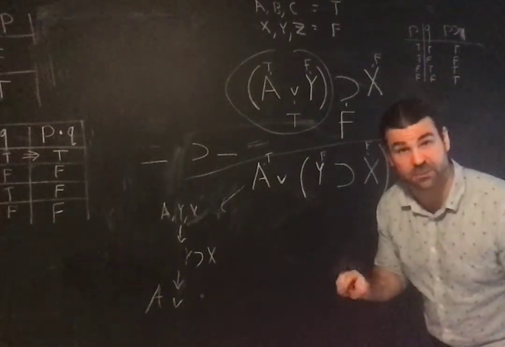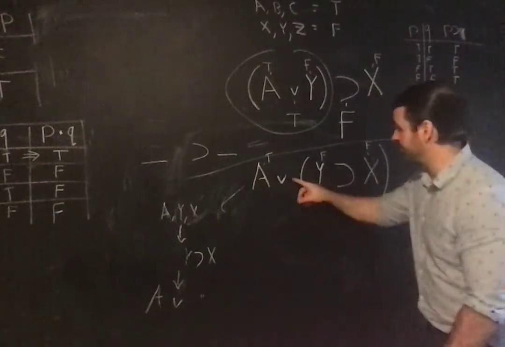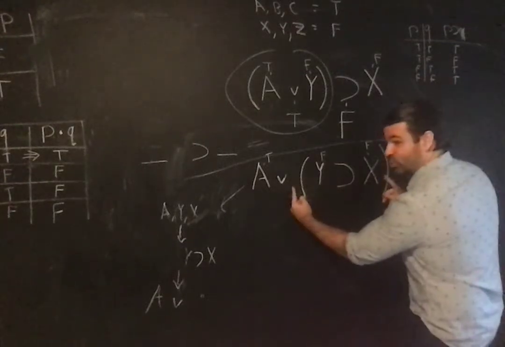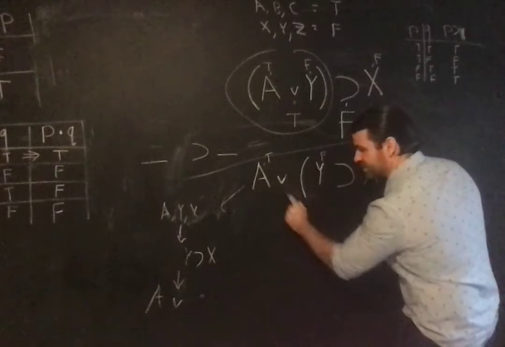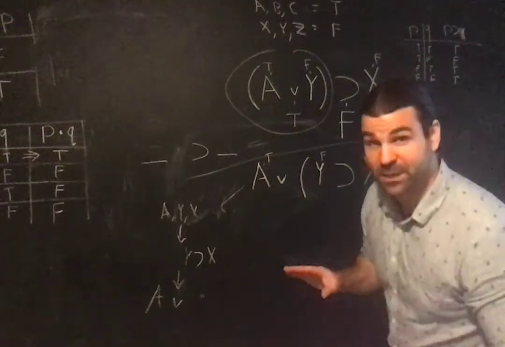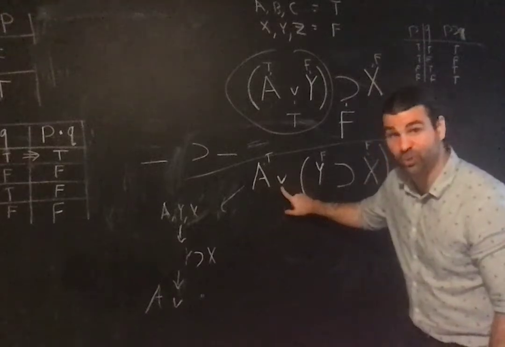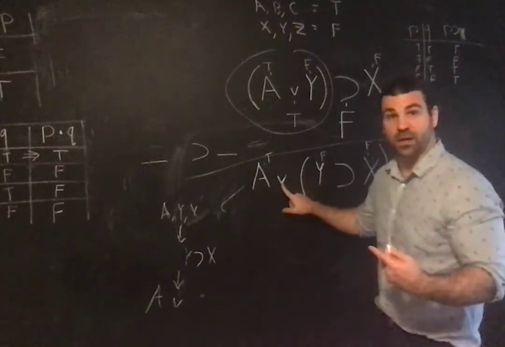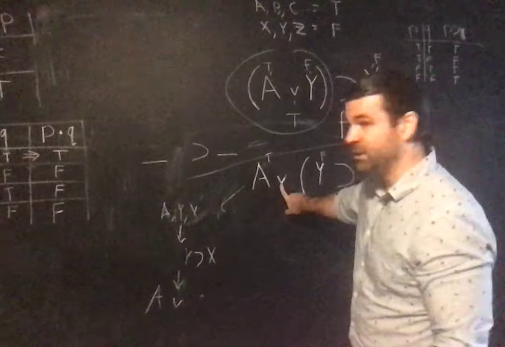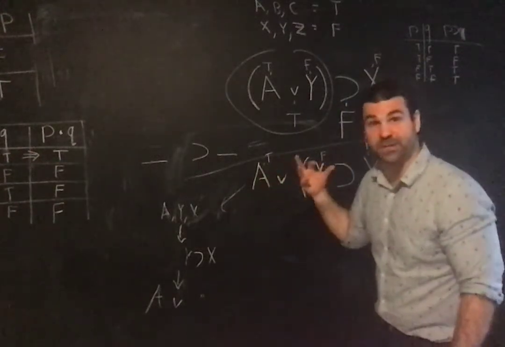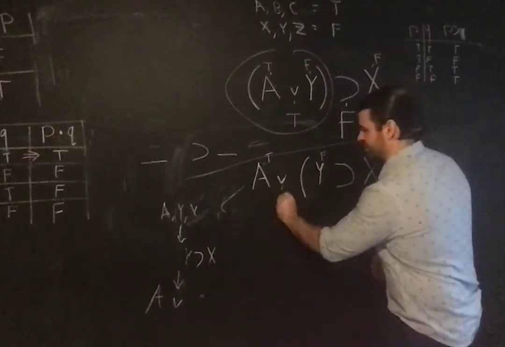I don't know yet. Usually I have to first compute this because I need to know whether this is true or false to determine whether this is true or false. In this case, I don't actually. I can already determine that this is true because one disjunct being true, as this one is, suffices for the truth of the disjunction, right?